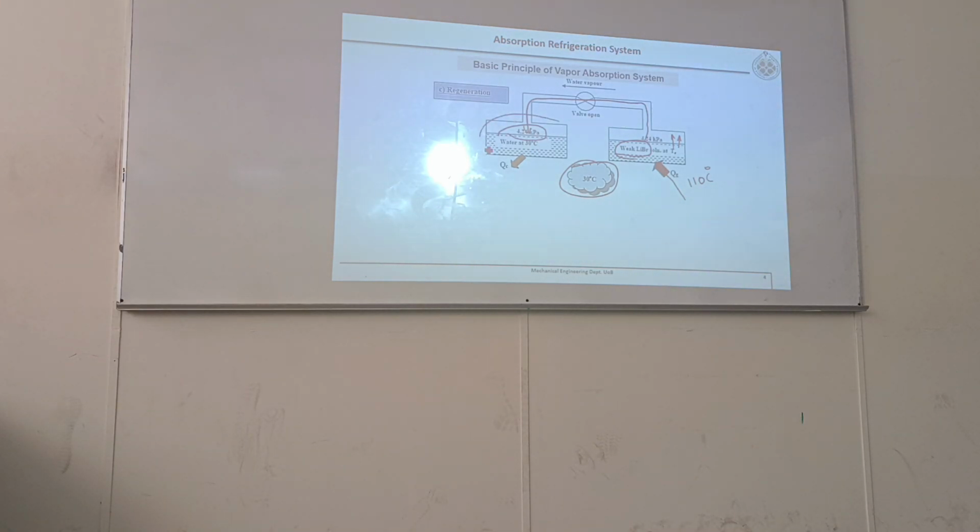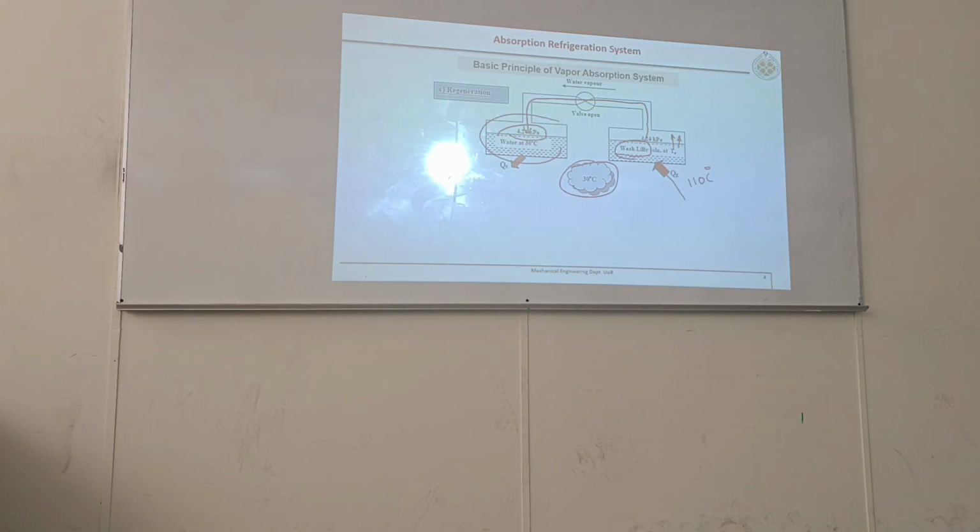Where will the condensation happen? Condensation is happening in this vessel. Here only water vapor is generating. What is left here? Strong solution of lithium bromide. It became weak. Now you are supplying heat so that water evaporates. Now water is evaporating, going back to this vessel. Now this vessel, you have taken it outside at 30 degrees Celsius.